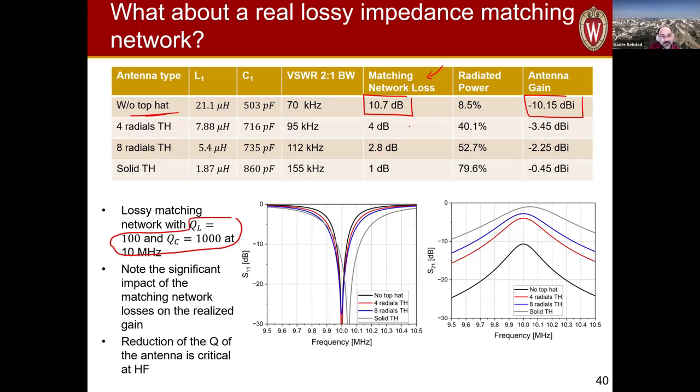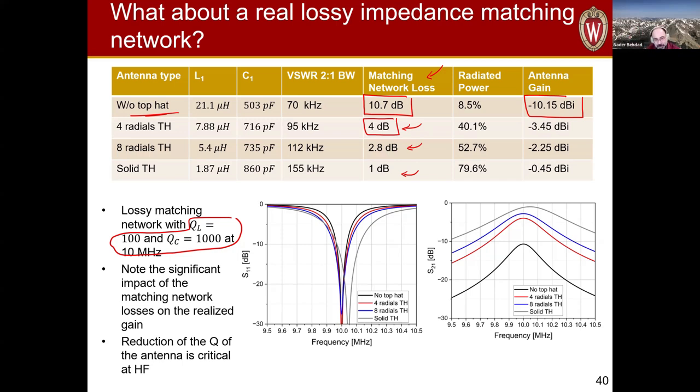Then as I increase the number of radials, and the quality factor of my antenna goes down, that problem of matching network loss magnification is improved. Now I lose less power, so 4 dB and almost 3 dB and 1 dB for a continuous solid top hat, and then the gain of my antenna improves.